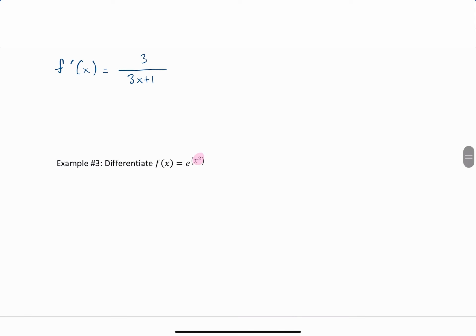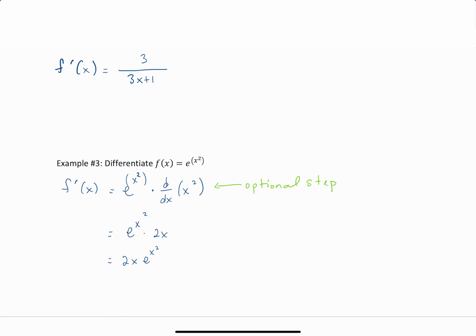The formula said that when I differentiate, I'm going to get the same exponential function back, but then I have to multiply by the derivative of that exponent. So we're going to have e to the x squared times 2x, which is better written as 2x e to the x squared. And again, I put in a step that you don't really have to write down. Write it down if it helps you get the right answer, but if you don't need it, you don't have to.